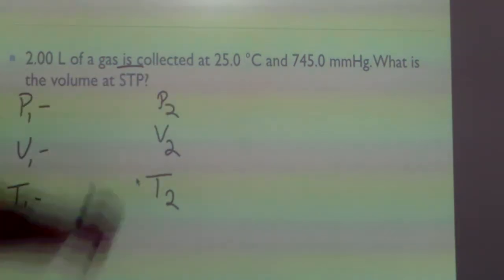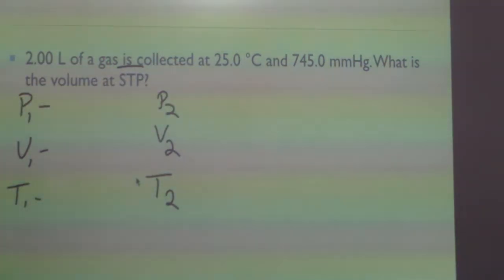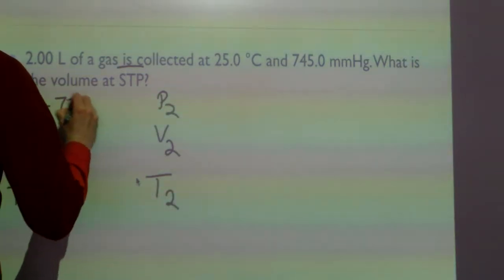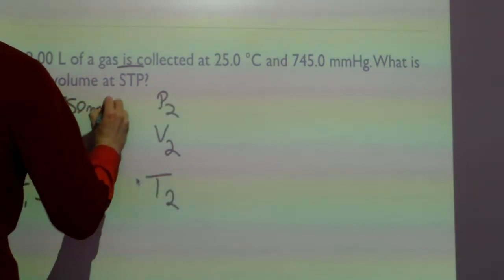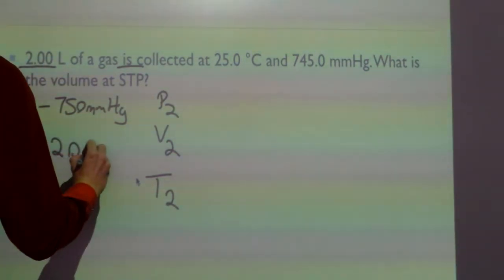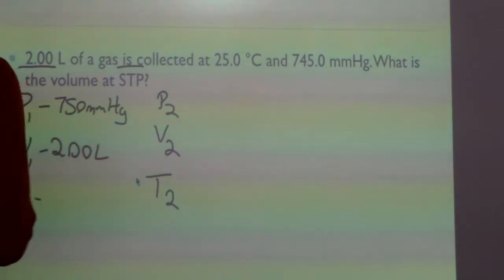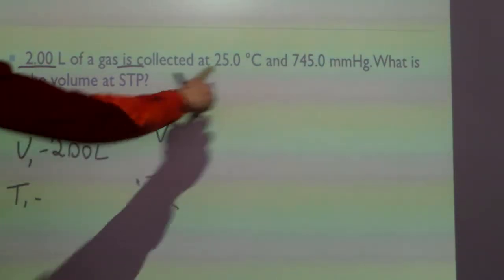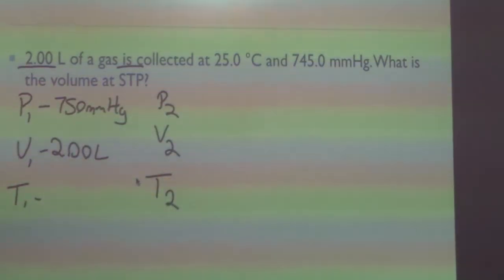So the first pressure that we come across is 745 millimeters of mercury. Our initial volume is 2.0 liters. And our temperature is 25 degrees Celsius.